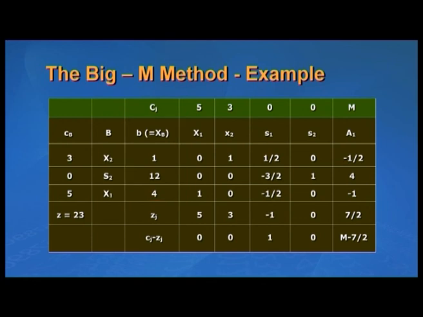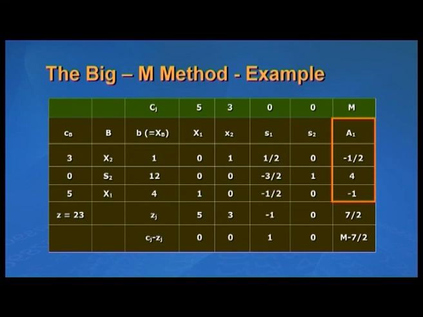The Cj values are the same. The values of x1 variable are 0, 0 and 1. The values of x2 variable are 1, 0 and 0. The values of S1 are 1 by 2, minus 3 by 2 and minus 1 by 2. The S2 values are 0, 1 and 0.